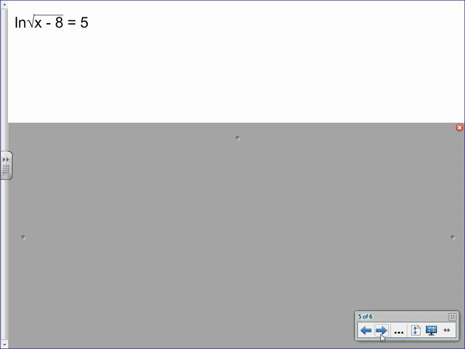Okay, so how can we rewrite this problem? e raised to the power of 5. There you go. Equals. Excellent. Now, how are we going to get x by itself?